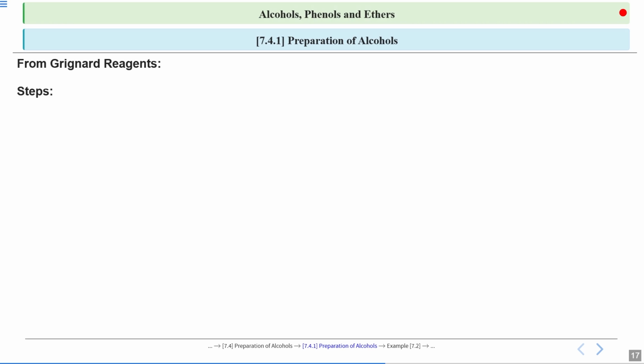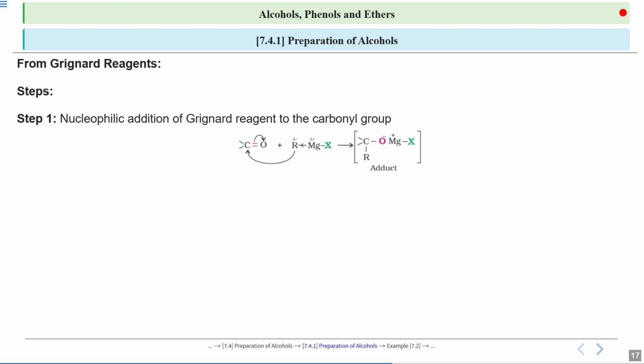Let's see the mechanism steps of the reactions we have seen from the Grignard reagents. Step 1 is nucleophilic addition of Grignard reagent to the carbonyl compound, or you can say the carbonyl group, C double bond O. The C double bond O is present in all our carbonyl compounds, whether ketones or aldehydes.